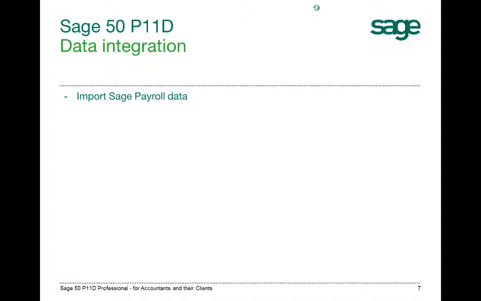With data integration, you're able to integrate your data directly from the Sage 50 payroll software. So this saves you entering duplicate information into both systems and speeds up the process. Also, if you were to enter a new employee in Sage 50 payroll, you could then just bring that employee over into Sage 50 P11D as well.